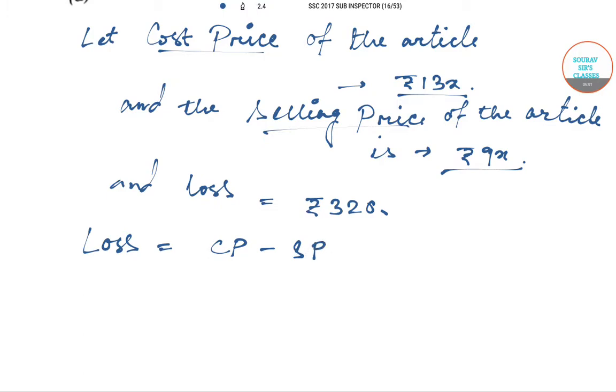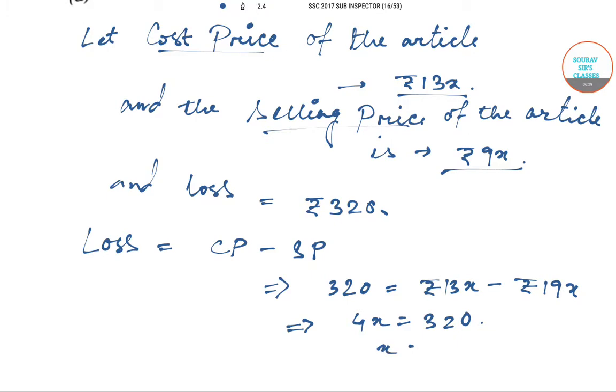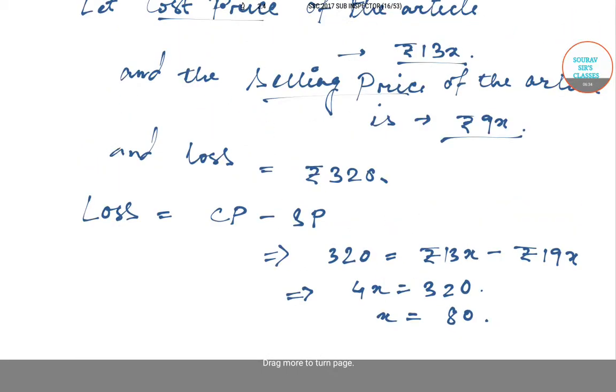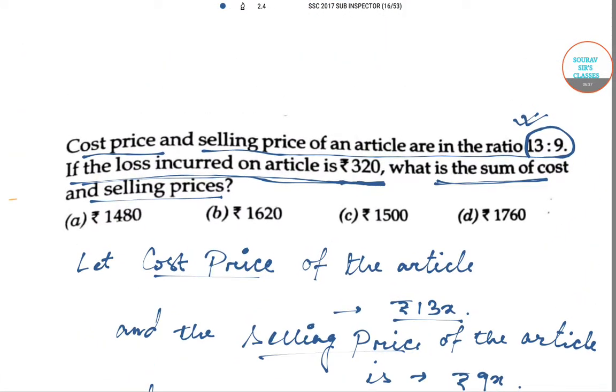So from this we can write that 320 is equal to 13x minus 9x, or we can write that 4x is equal to 320, or x is equal to 80.